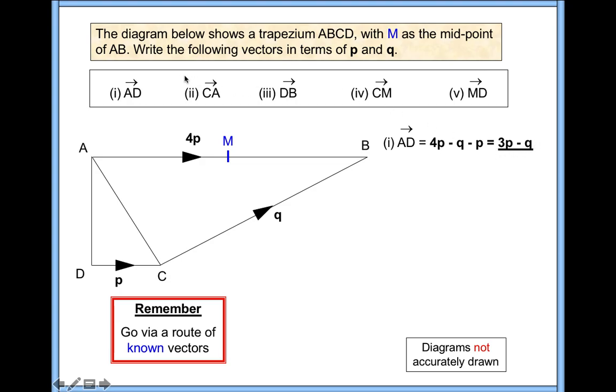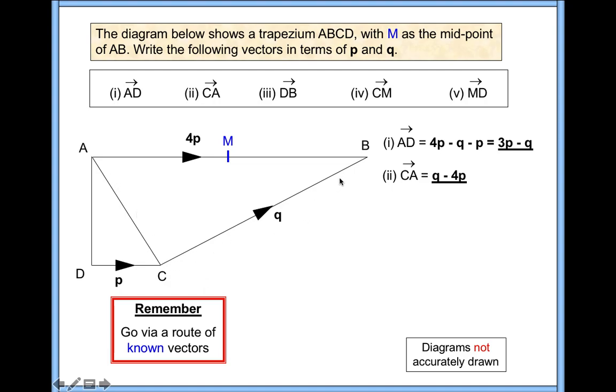Now the next question is vector CA. Vector CA means from C to A, students. Here also you will go via the known routes. Vector CA will be vector CB plus vector BA.